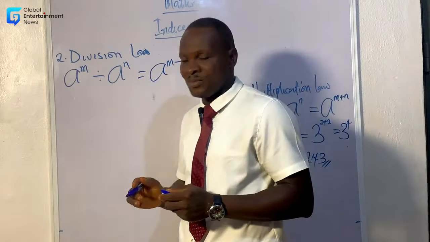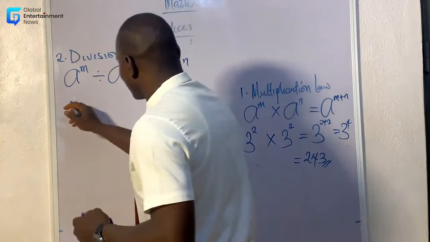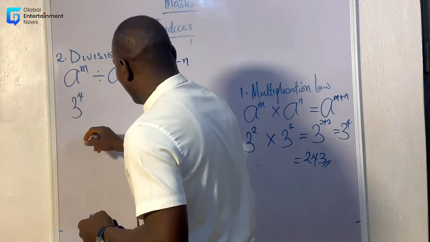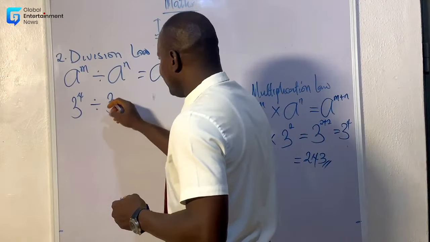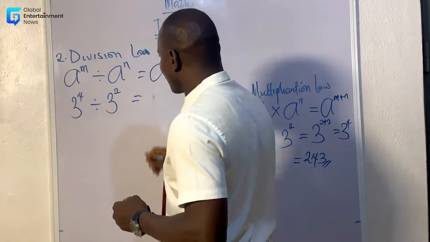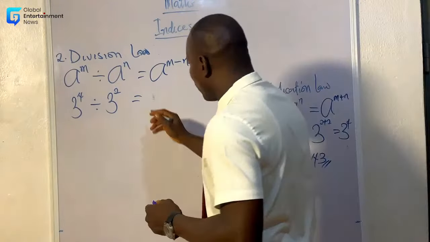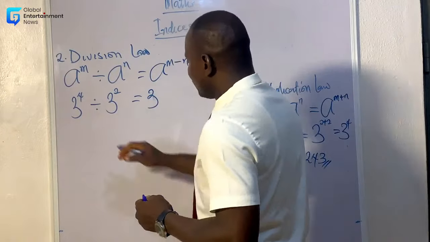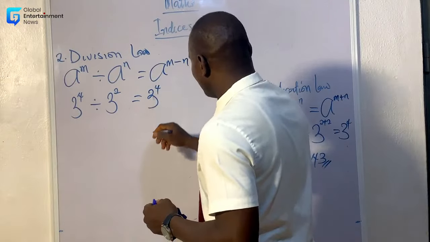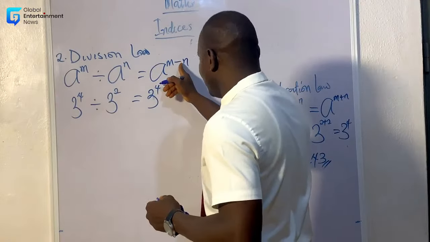Let me give you an example. We have 3 raised to power 4 divided by 3 raised to power 2. With this, because the bases are the same, I pick one base, 3, then I have 4, because the sign for the power is going to be minus.